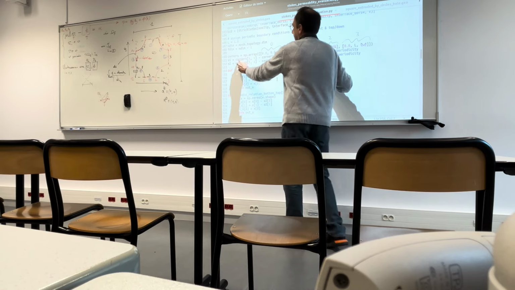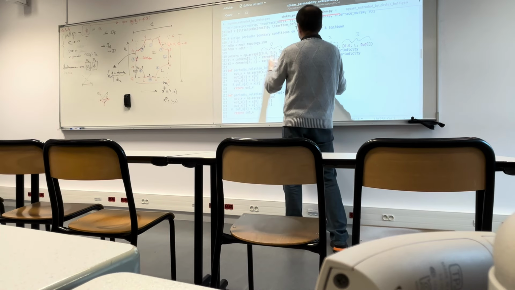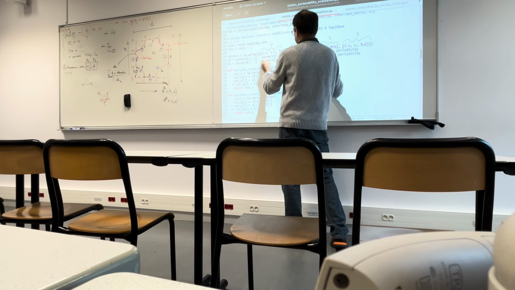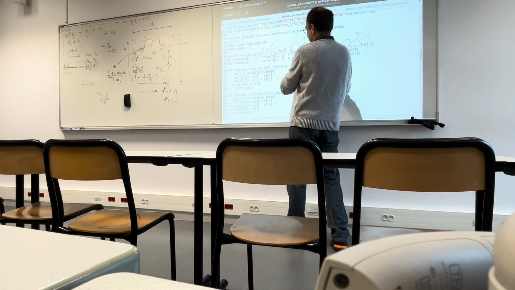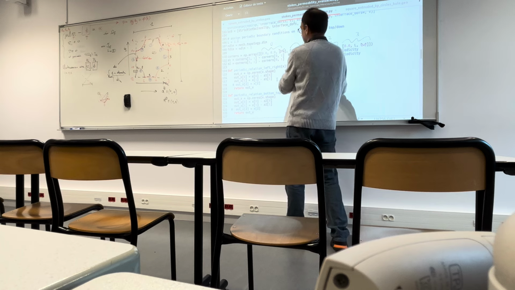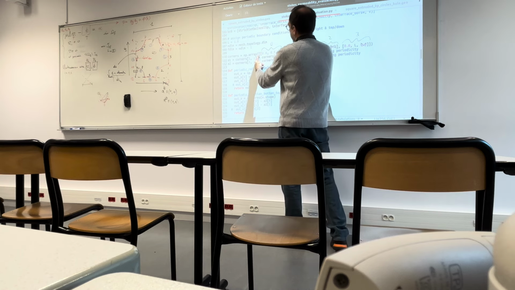So A1 is corners 1, take this and all the elements, so this vector (L, 0, 0), because the last is the 0 component, minus corners 0.